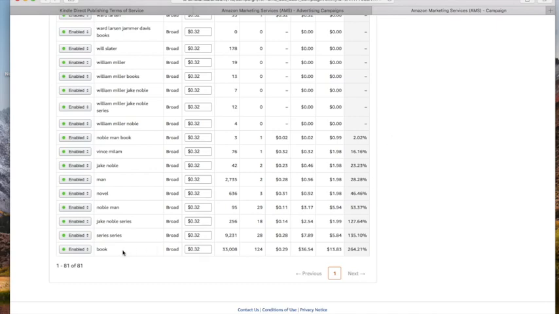Again, book and books tend to get real high impressions, but you're spending a lot and you're not making much. So here's how we're going to try and tweak this ad, okay? We've found the one keyword that's costing us a bunch of money, right? Hit pause on that.